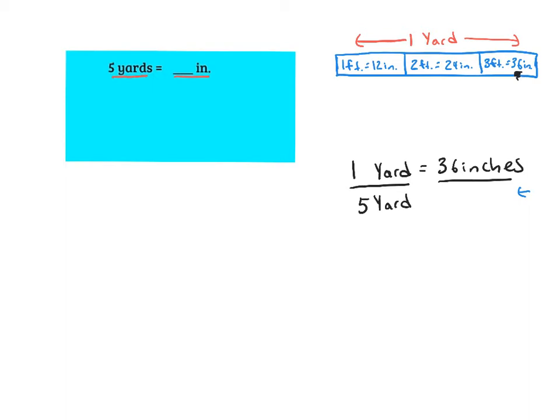Now let's check it. You could have either used your cross multiplying or our regular multiplying. So here, if I did 36 times 5, remember you can come over on the side and do your math. 36 times 5 here, 15, 18, is 180.